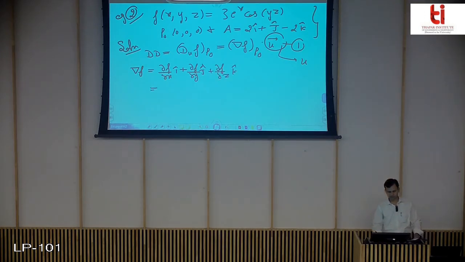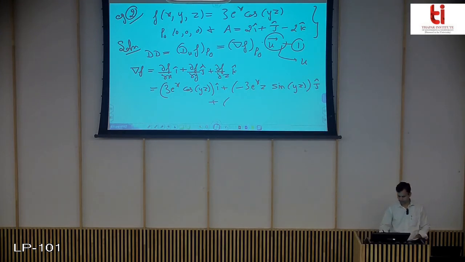So this gives you 3e^x cos yz i cap, partial derivative with respect to y is 3e^x z sin yz j, and then with respect to z it is again 3e^x y sin yz k cap.